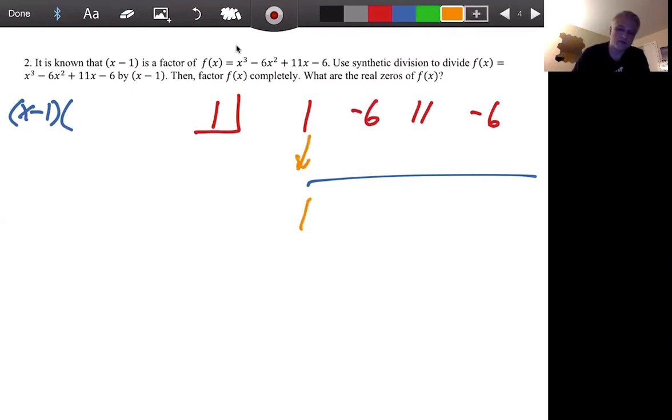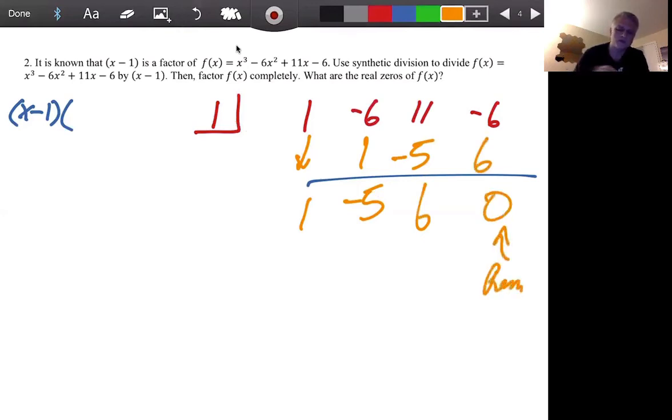Bring your 1 down, multiply 1 times 1, add, 1 times -5, add, 1 times 6, add, again. Remainder is 0, which is good because it told us that x minus 1 is a factor. So now I've got x squared minus 5x plus 6. Okay, let's fully factor f of x. Bring down our x minus 1.